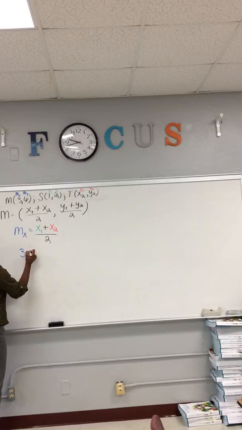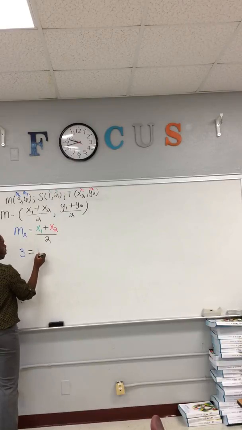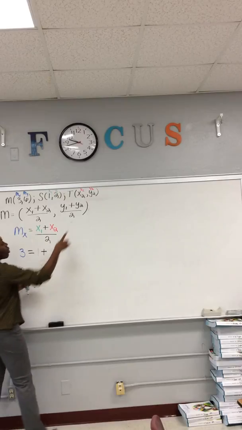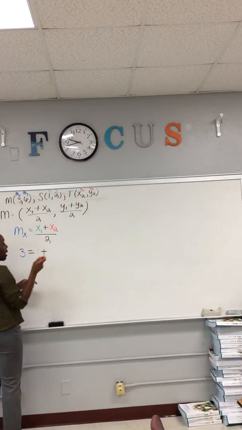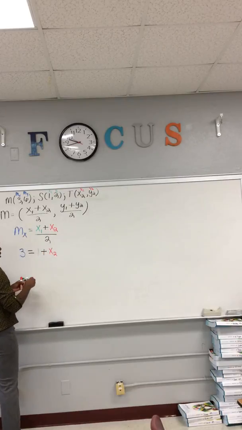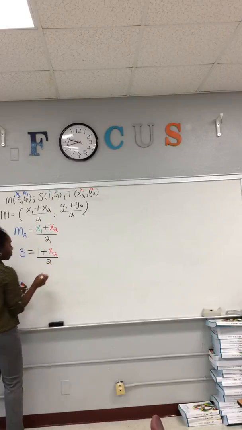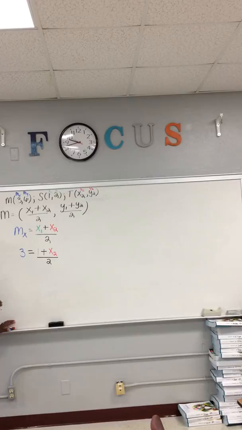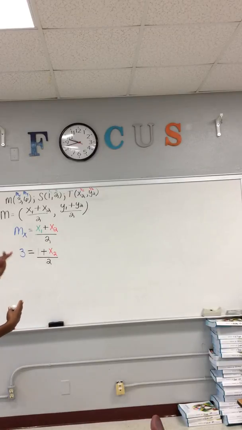And I know that that is going to be equal to x1. x1 we labeled as 1. Plus my x2. Well, my x2, I don't have it, but I still plug it in as x2. I'm going to divide that by 2. At this point in time, I need to solve this equation for x2.